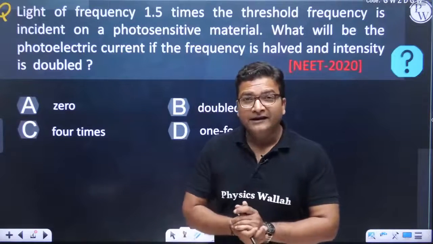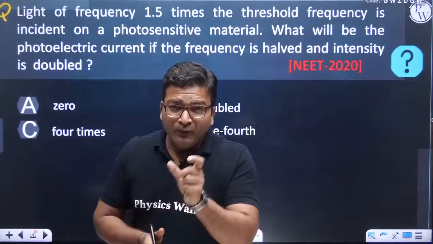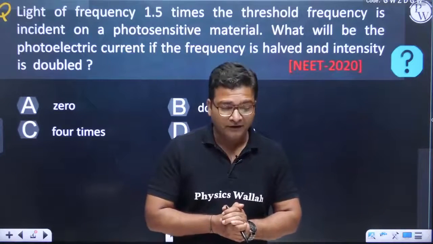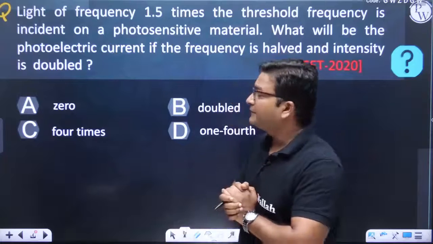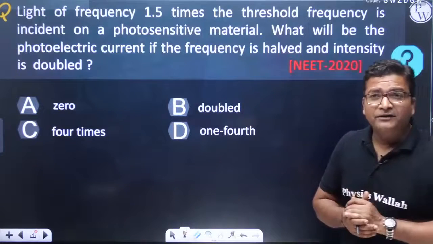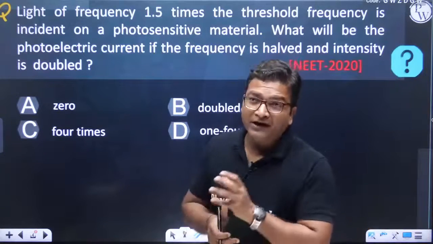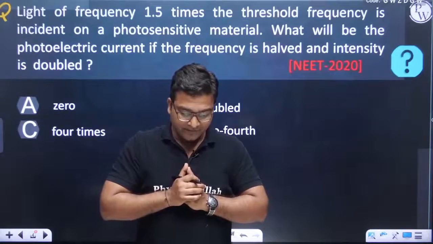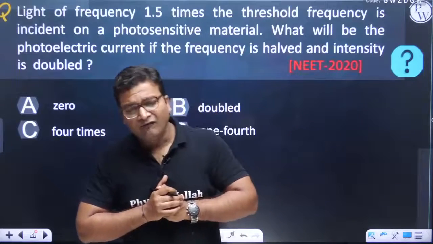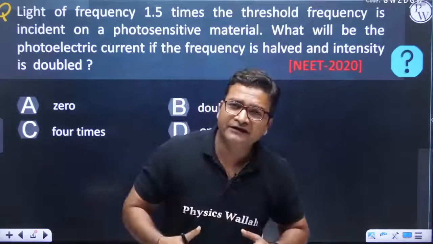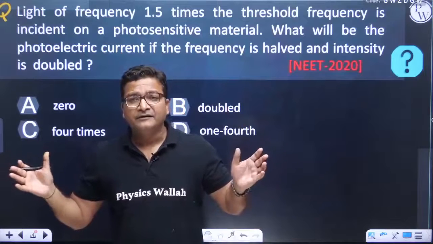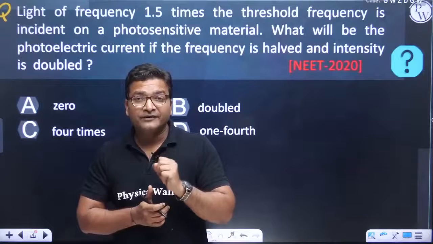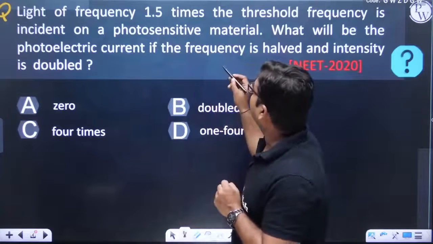Here they say light of frequency 1.5 times the threshold frequency is incident on a photosensitive material. What will be the photoelectric current if the frequency is halved and the intensity is doubled? If you double the intensity, obviously the number of photons incident is going to multiply. But see, what are you doing exactly to frequency? You are reducing the frequency to half.